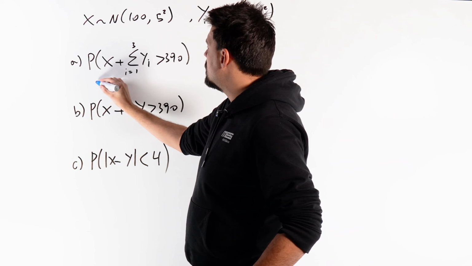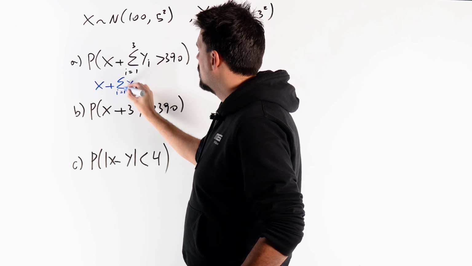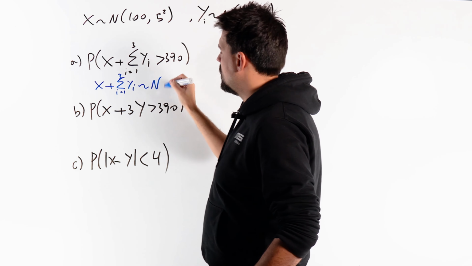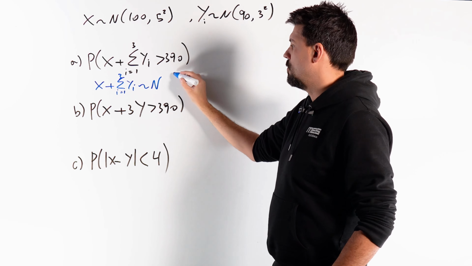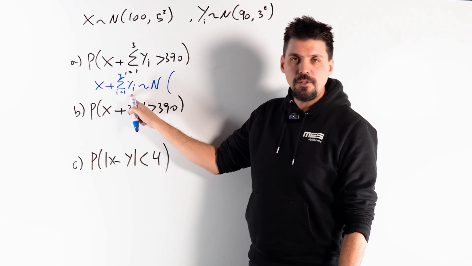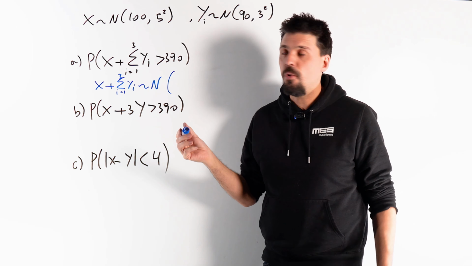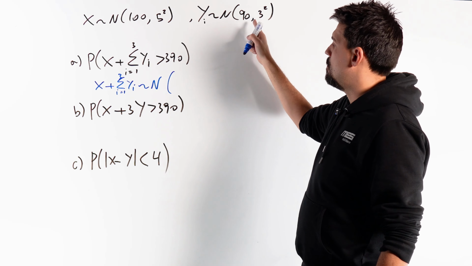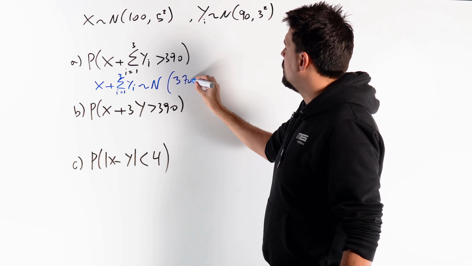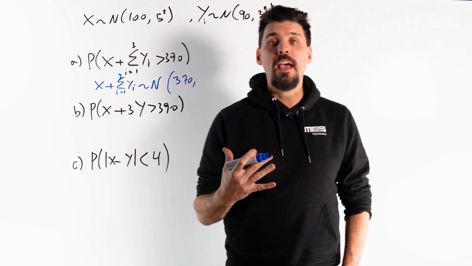Well, this is a normal distribution because it's a combination of normals. So it's a single value of X and 3 different values of Y. So their mean will be the mean of X plus the means of the Y: 100 plus 90 plus 90 plus 90, which I do believe is 370. And again, what do we do with the variances when we add normal distributions?